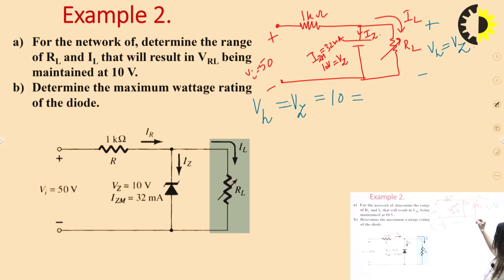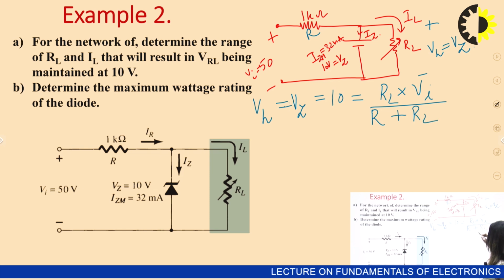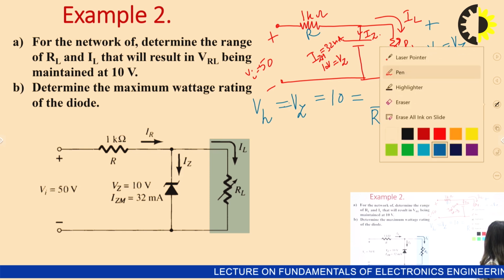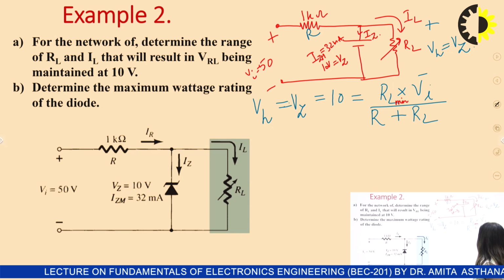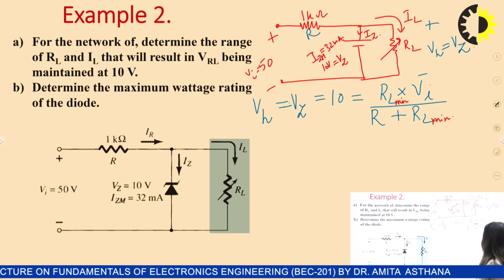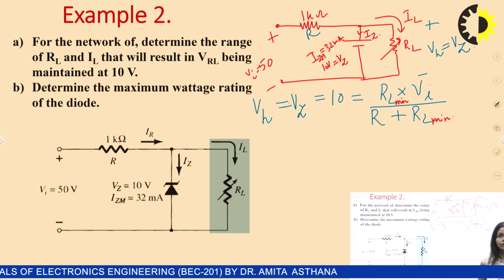You will apply this formula: VL equals RL into VI upon R plus RL. Just keep in mind for the second case, in this formula I will substitute RL minimum in place of RL.